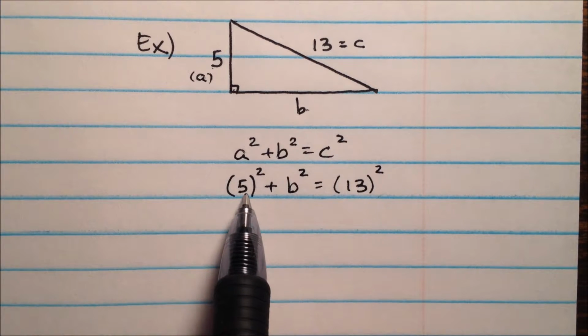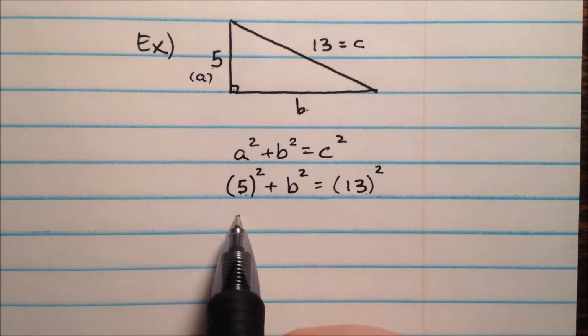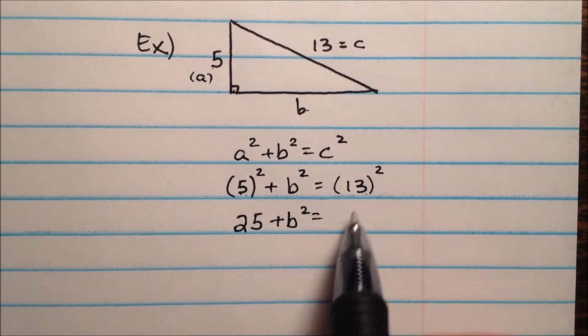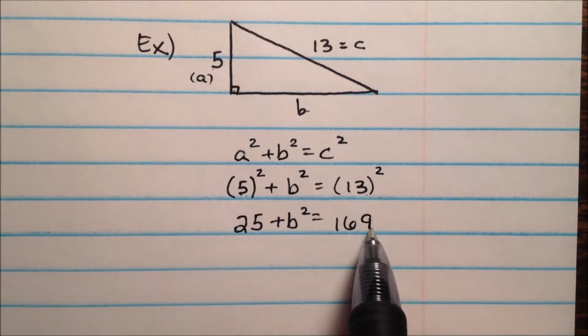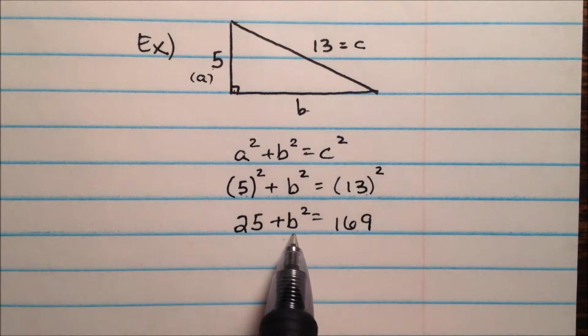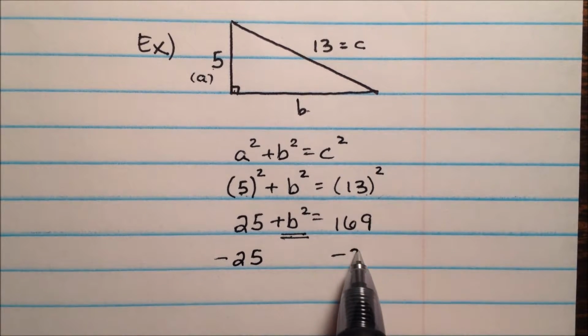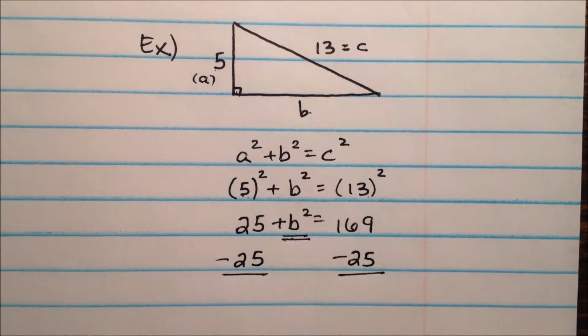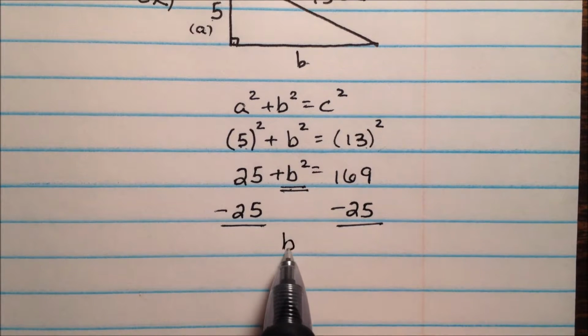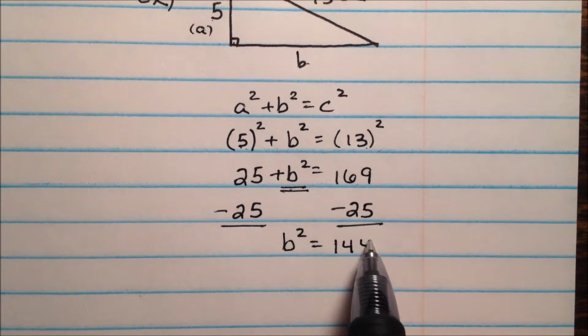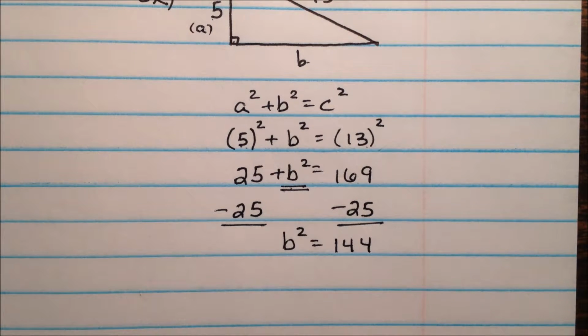So now let's go ahead and simplify. 5 squared is 25, plus b squared, and 13 squared is 169. Now I'm solving for this b squared right there, so in order to isolate it on the left side, I need to subtract 25 from both sides. When I do that, I'll have b squared equals 169 minus 25, which is 144.